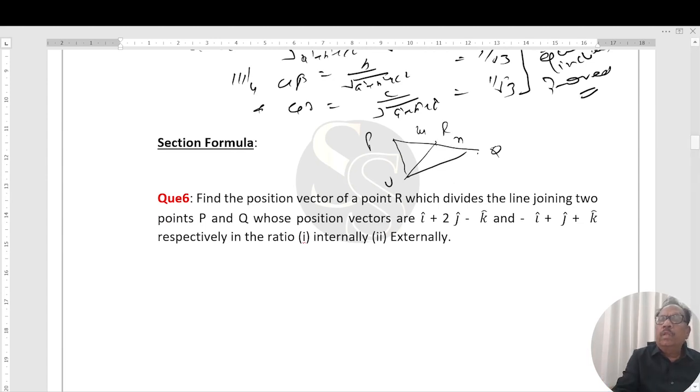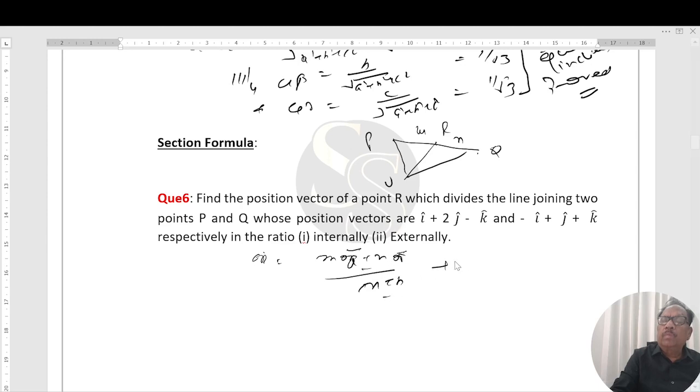We have to find the position vector of OR. OR will be equal to m OQ plus n OP divided by m plus n.